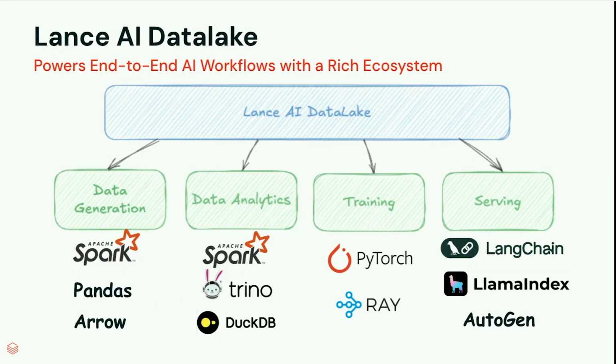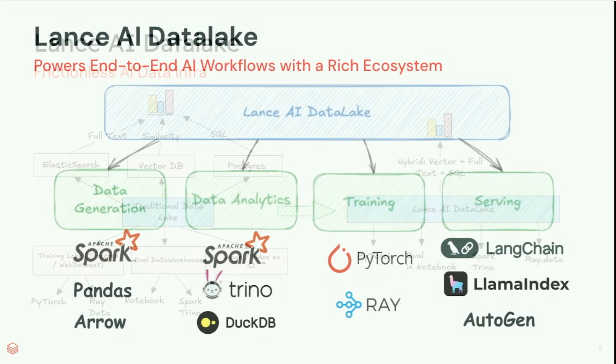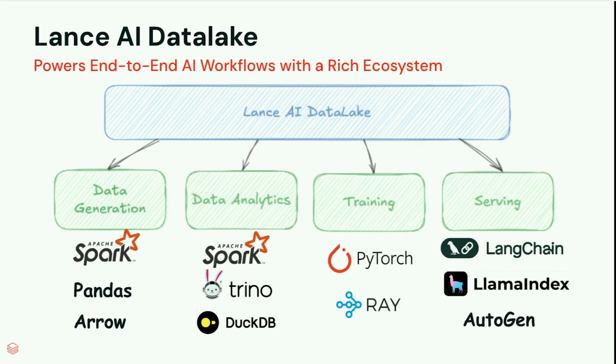As I mentioned, the Lens AI data lake has rich functionality, but we are not trying to solve everything by ourselves. We have a rich ecosystem. You can leverage Spark, Pandas, and Arrow for data generation. Especially with Spark, you can quickly ingest your data from your data sources in a distributed way into this multimodal Lens AI data lake.